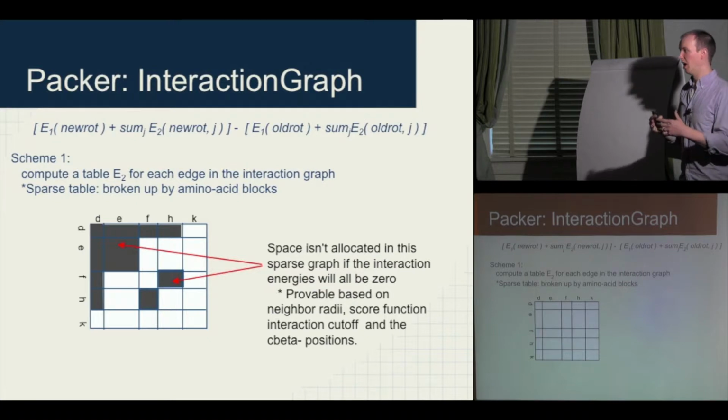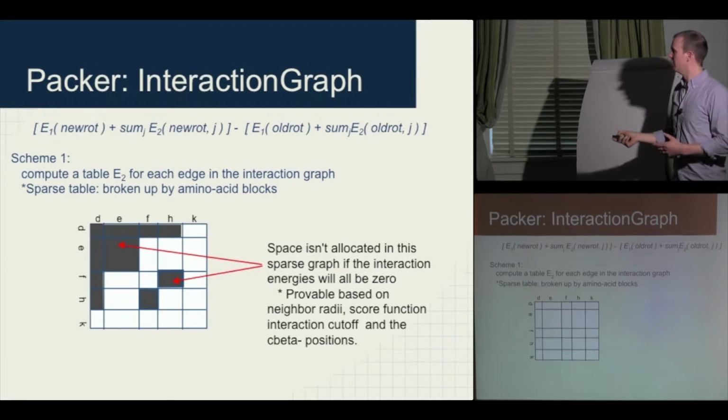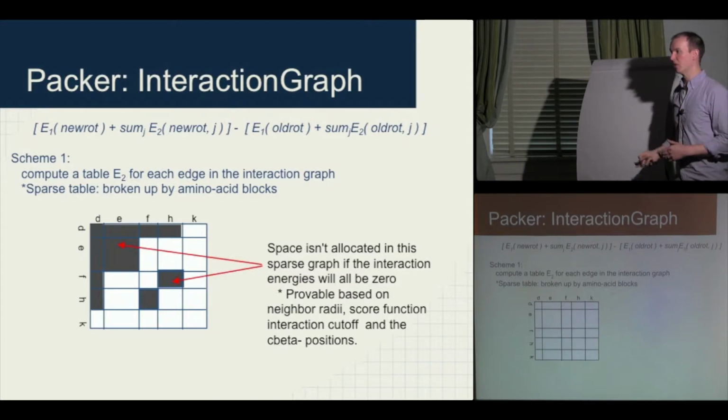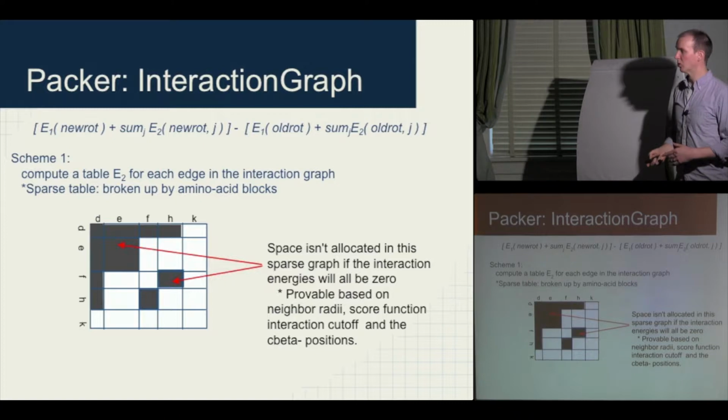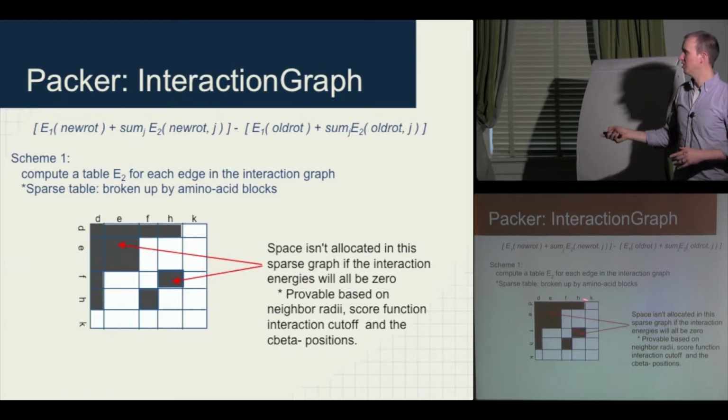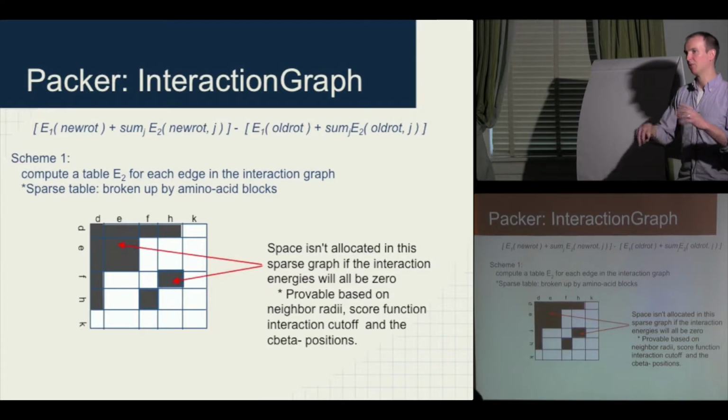If you know that up front, then you can choose not to allocate space in this table for the sections that are going to be zero. Pictorially, it would look something like this. If you were somehow able to allocate memory such that this was not there, then it would look like that. But really, you just have to rearrange this table quite a bit.